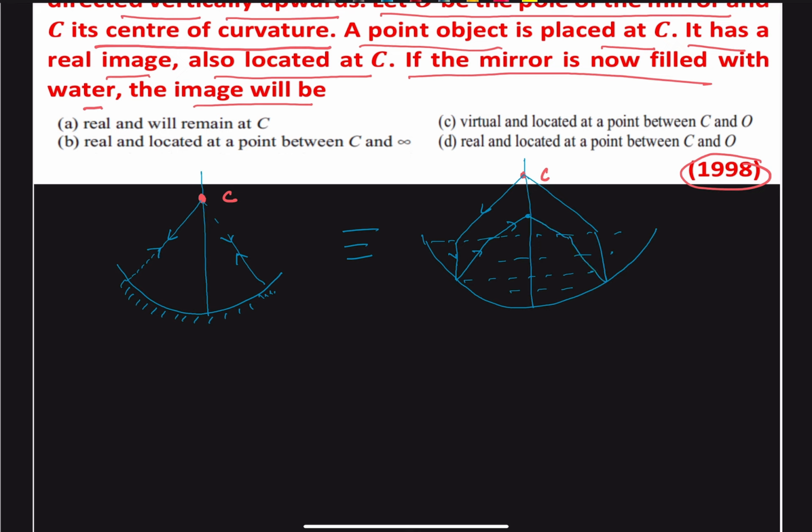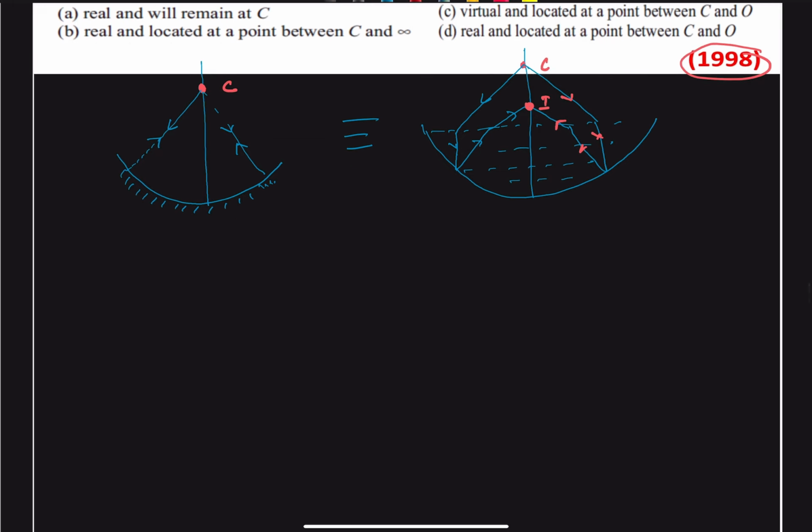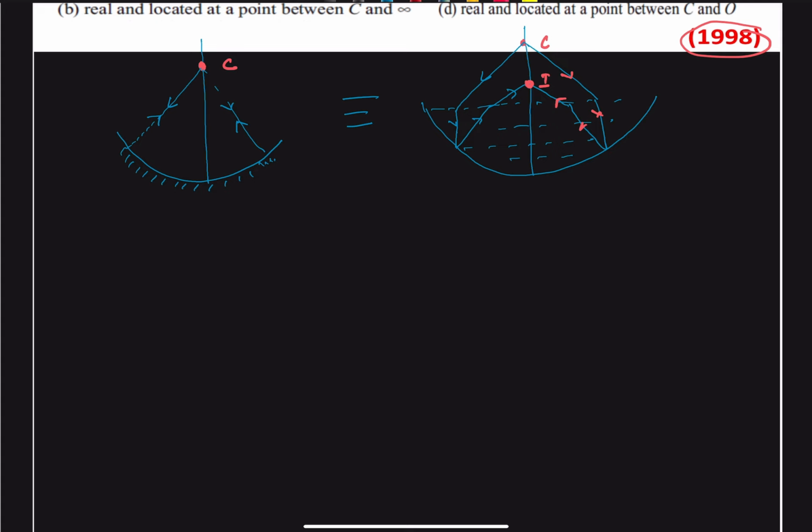Yeah. So this will be our formation of the image. We can also find out the actual position, that is, what will be the distance. So this is our initial condition, and this is our final.